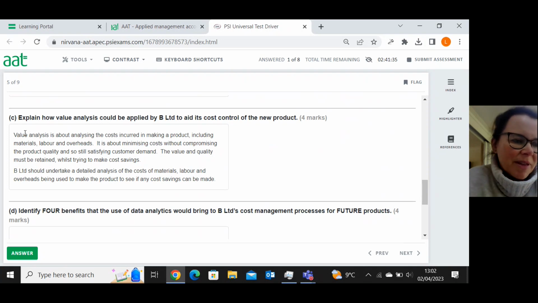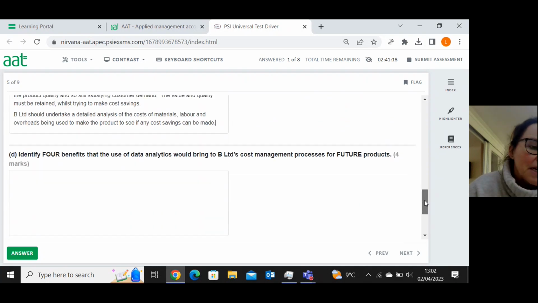I mean, it's a bit repetitive. I'm not entirely happy with that answer, but even when I look at their suggested points, theirs is a bit repetitive as well. I'm just salvaging the best I can for 4 marks. Might only get 2 or 3, but you know, can't get 100 all the time.